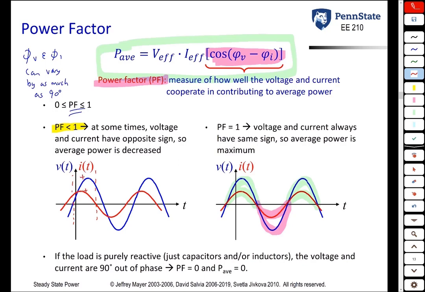And there are going to be periods of time where they're both negative. For example, between that period of time and this period of time, they're both negative. But there are going to be other periods of time where one is positive and the other is negative.